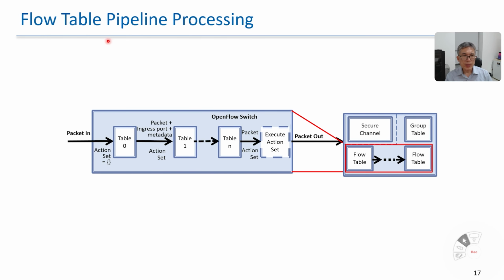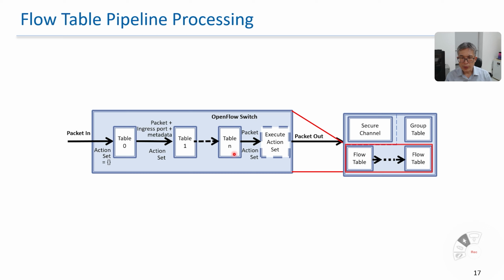Also, we can make OpenFlow pipeline processing. We can have multiple OpenFlow tables like this. When a certain packet comes in, table 0 is used to handle that packet, and then another table is also used for other services, and so on.